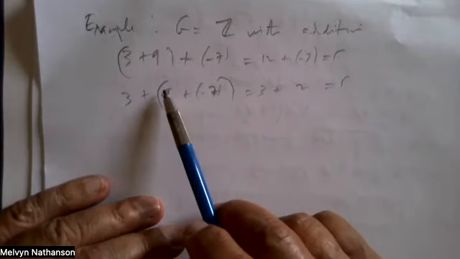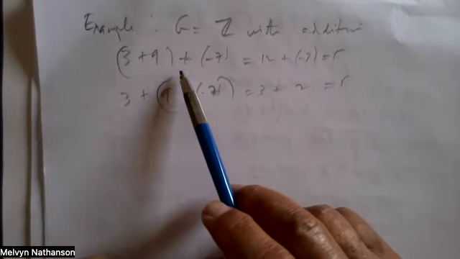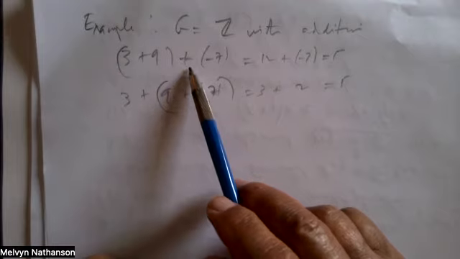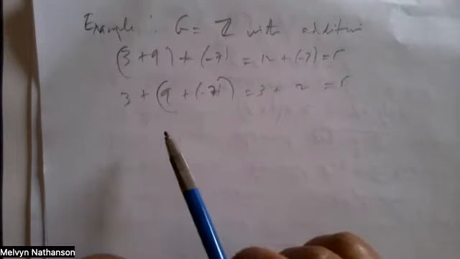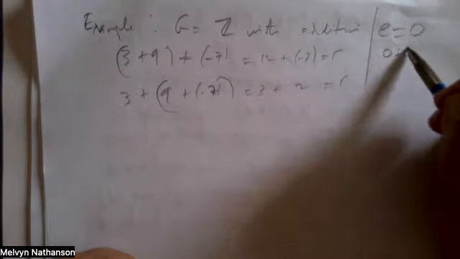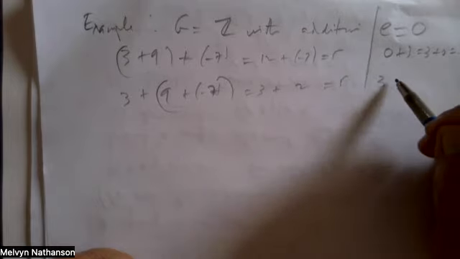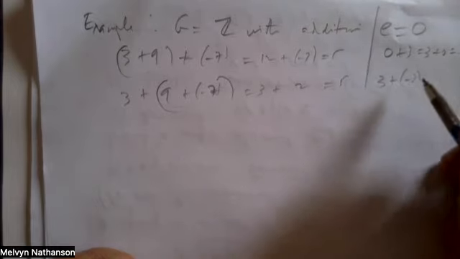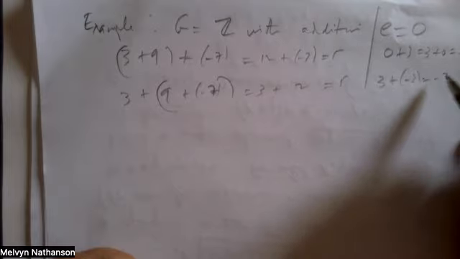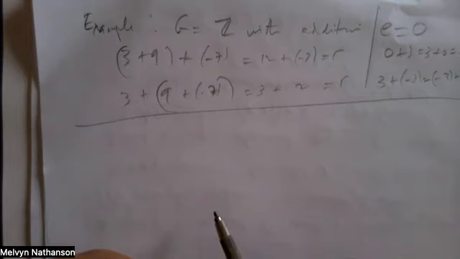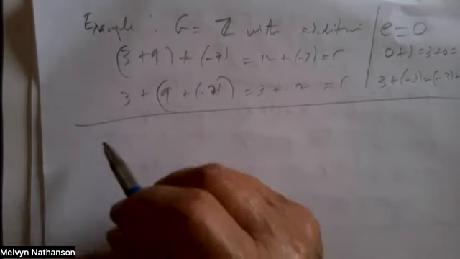This is an example of the associative property written with the binary operation of addition. The identity in Z is the number 0: 0 plus 3 and 3 plus 0 is always 3. And the inverse of 3 is the integer minus 3: 3 plus minus 3 and minus 3 plus 3 is always 0. So this is the definition of a group.